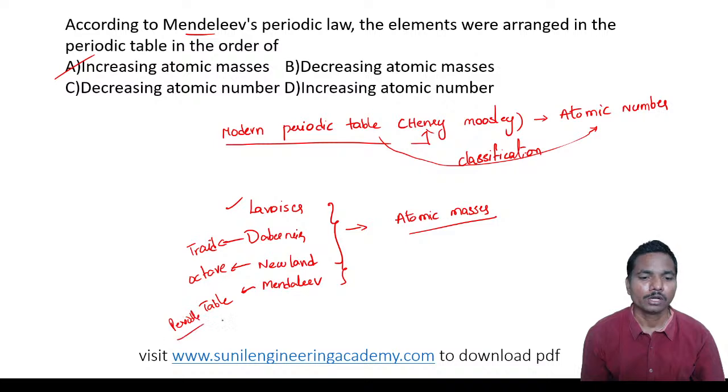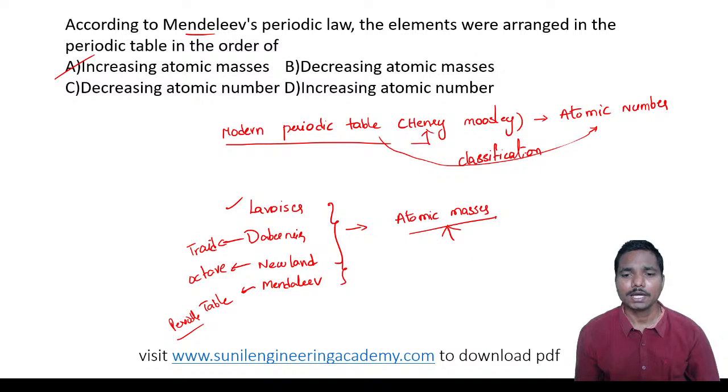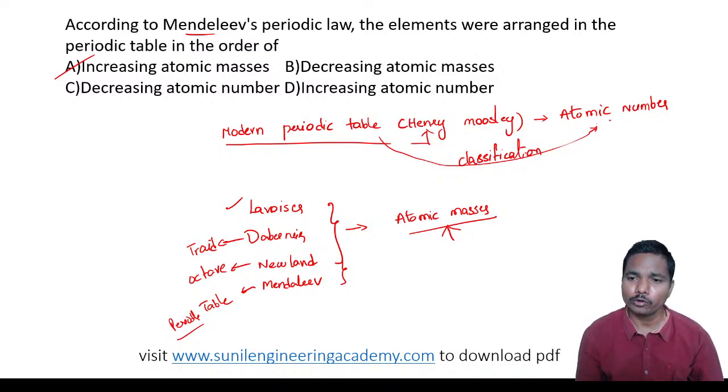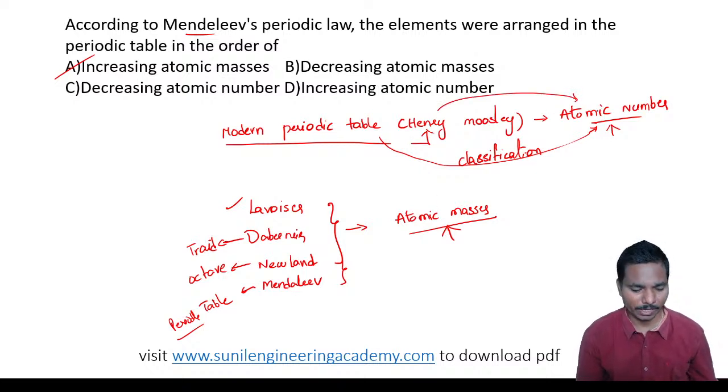The classification is based on atomic masses only, because at that time they did not know about atomic number. Henry Moseley introduced atomic number, so the modern periodic table classification is based on atomic number. So the answer is option A.